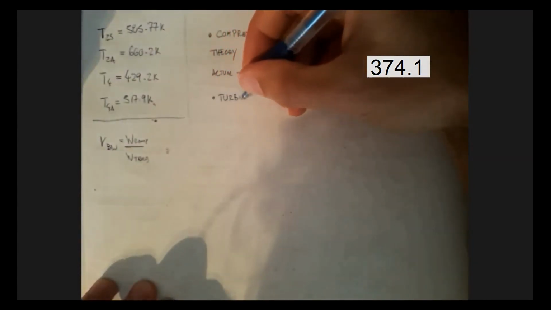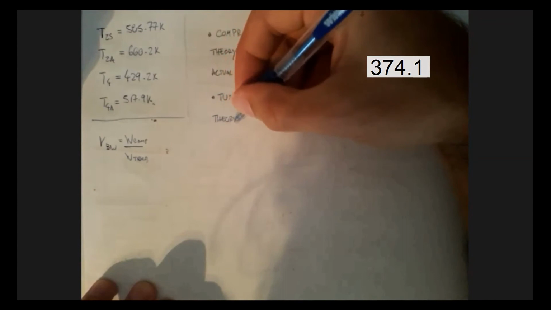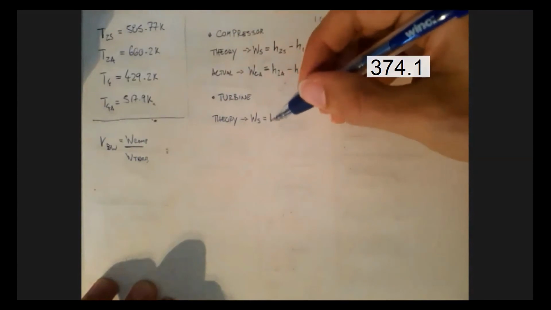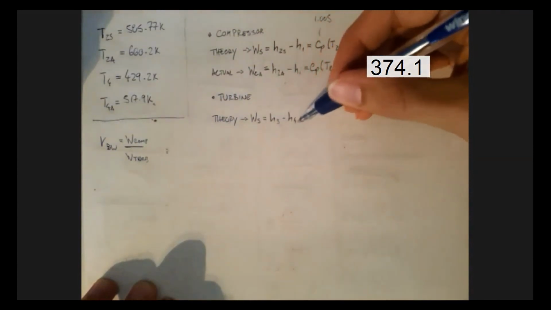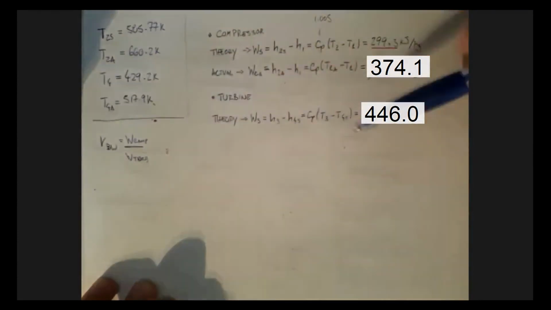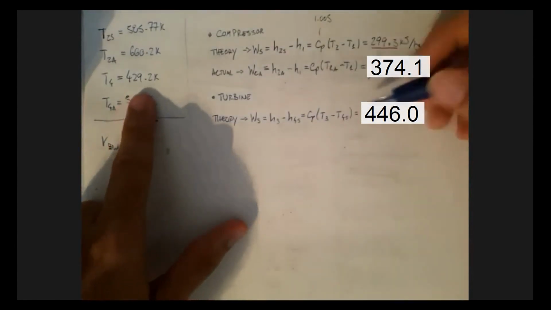Now let's calculate the same thing for the turbine. My theoretical one will be H3 minus H4S, which is Cp times (T3 minus T4S). T3 is 873 minus T4S, which gives 249 here.